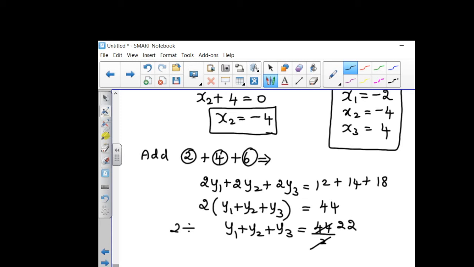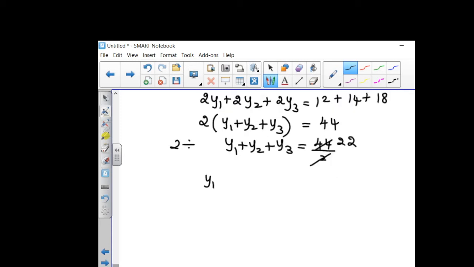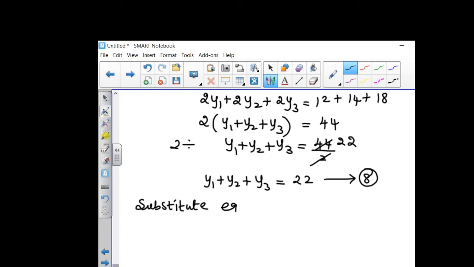Therefore y1 plus y2 plus y3 is equal to 22. This is equation number 8. Then substitute equation number 2 in equation number 8.